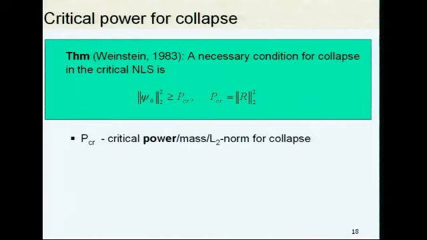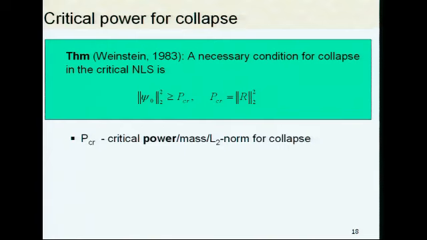And Weinstein proved in '83 that a necessary condition for collapse is that the L2 norm of the initial solution be above some number, which is exactly the L2 norm of the R profile. So this is a necessary condition for collapse in the critical NLS. I'll call the L2 norm the power in this talk.